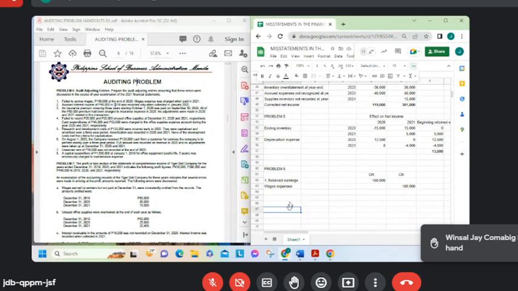The initial entry is a debit to cash, credit to interest income. So net income is overstated in 2021, while in 2020 net income is understated. That results in a debit to interest income and a credit to retained earnings.